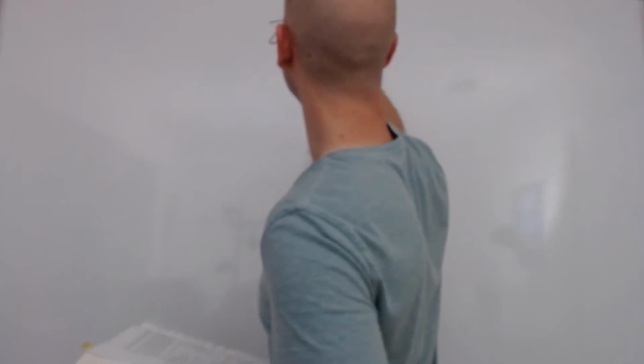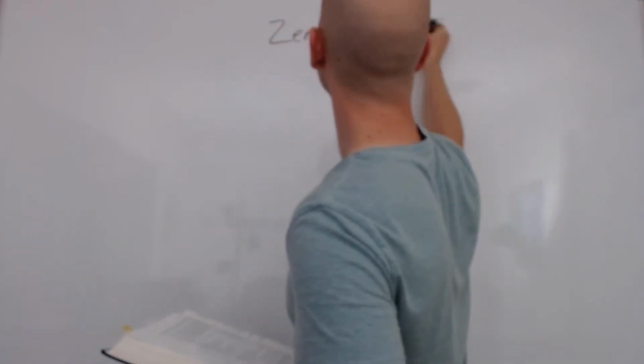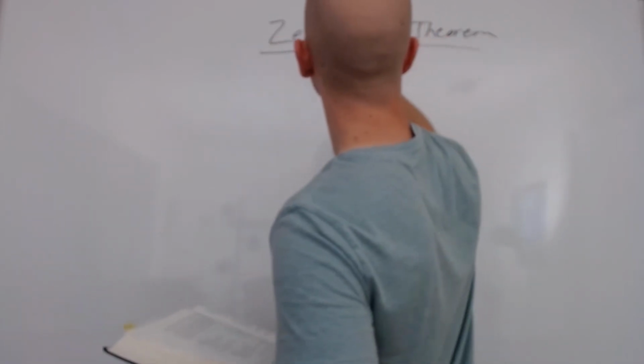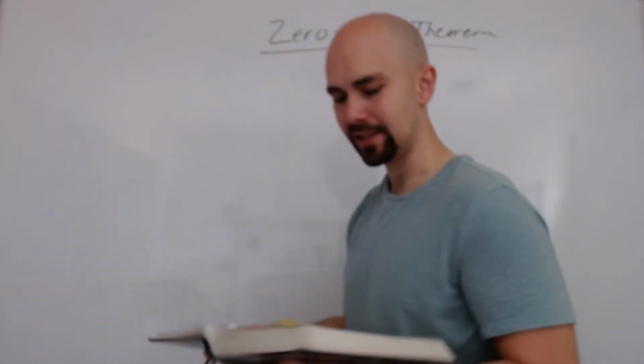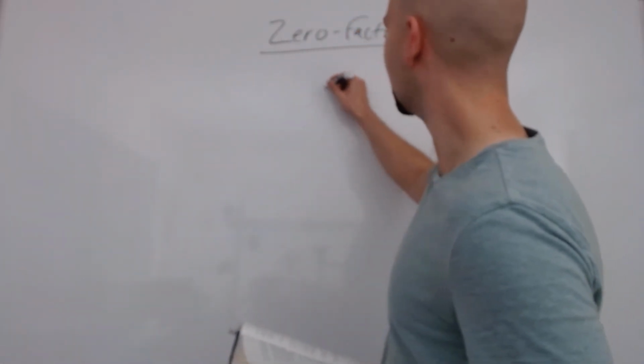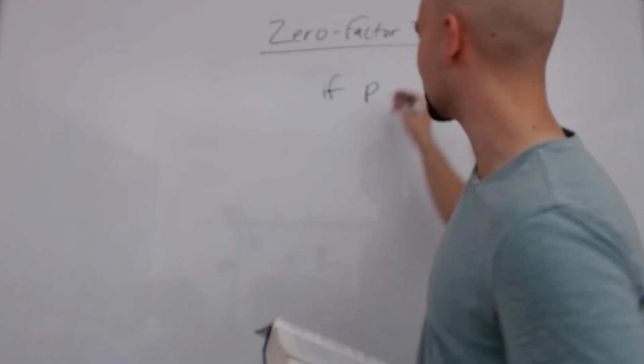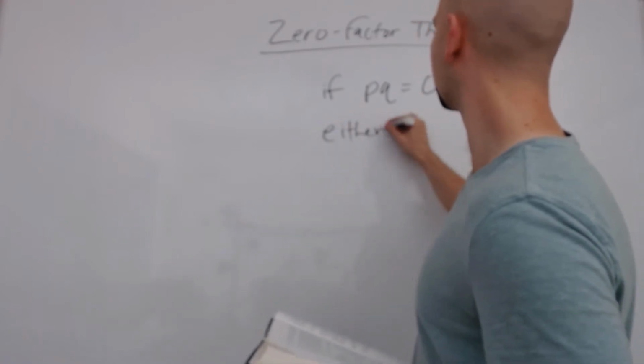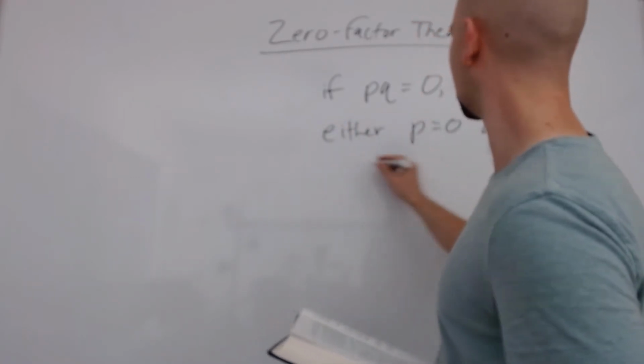It's a good opportunity to review what my old math book called the zero factor theorem. And I can't remember what this one calls it, so I'm going to call it the zero factor theorem. You'll recognize it though. It basically says that if, at least in my old book it says PQ, but you can use any 2 variables that you want, equals 0, then either P equals 0 or Q equals 0.